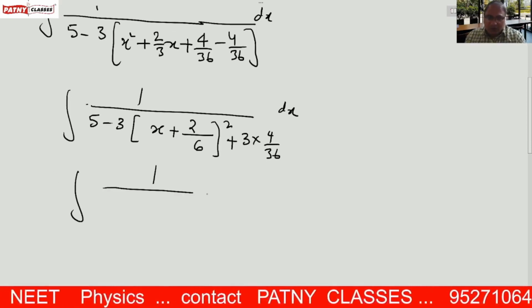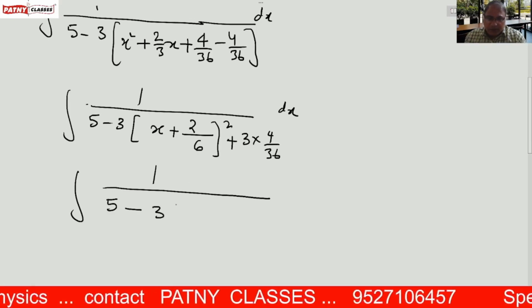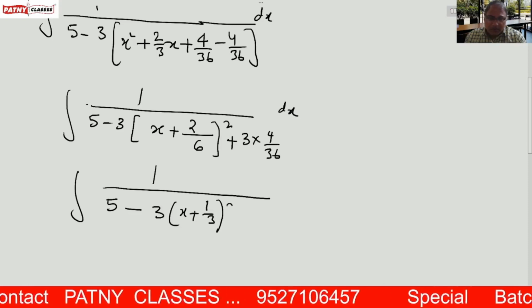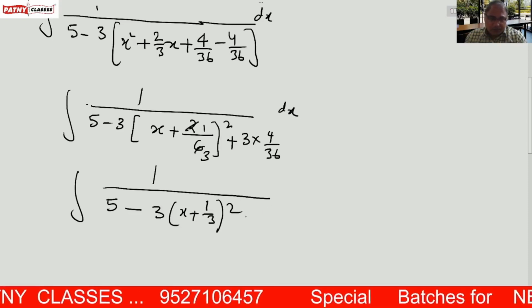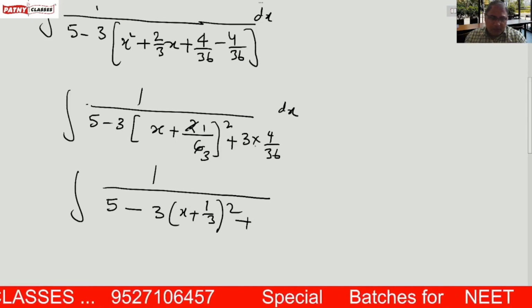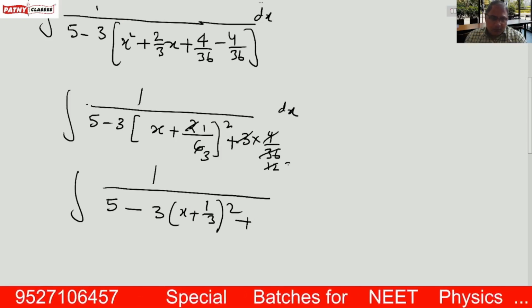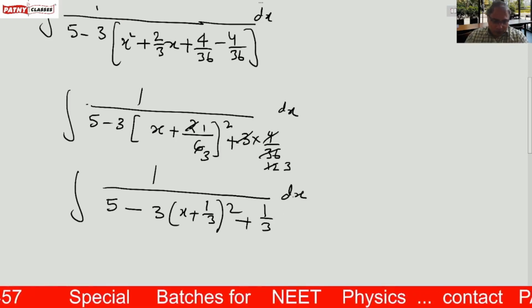Integration 1 upon 5 minus 3 into x plus 1 by 3. Now you can cut inside the bracket, and if possible cut it down, no problem. So it becomes 1 by 3 with respect to x.